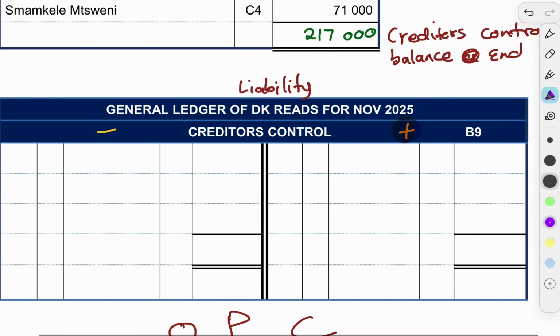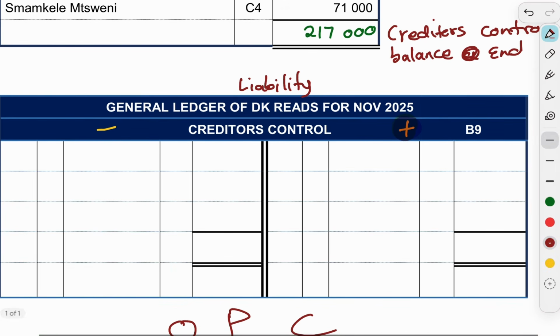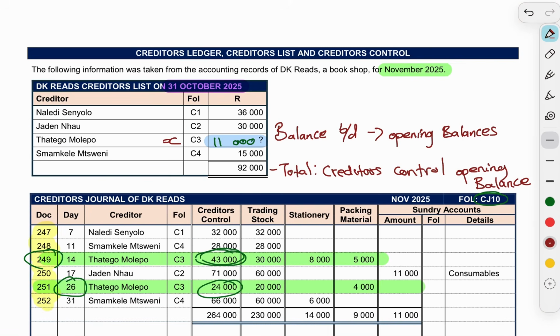Since it's a balance sheet account, the opening balance is dated 2025 November the 1st. You are going to write balance brought down. What is the balance brought down of the creditors control? It's the opening balance of all our creditors. Remember, we wrote it down.